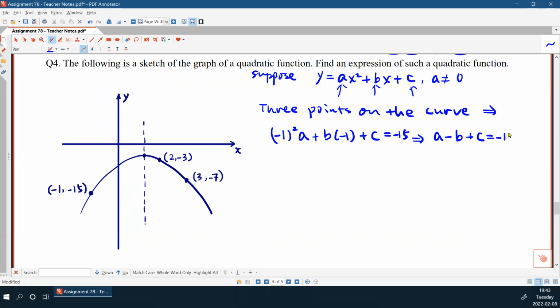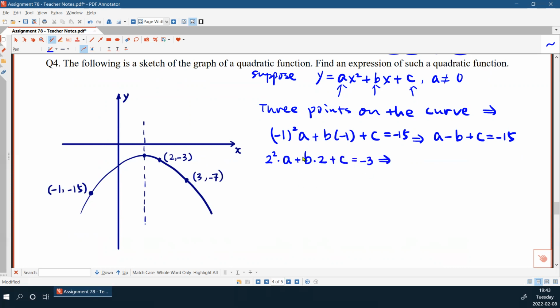Then the second point, 2, -3. That means 2 squared times a plus b times 2 plus c should equal -3.